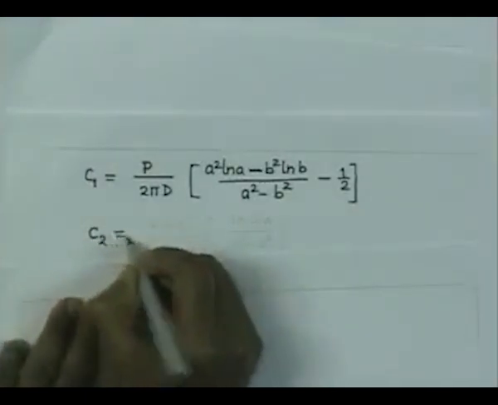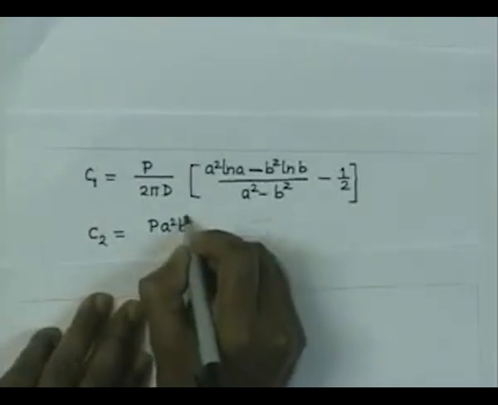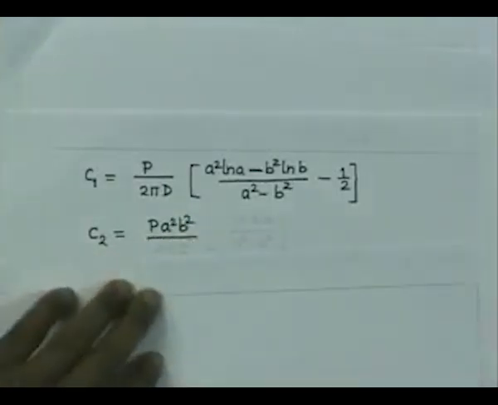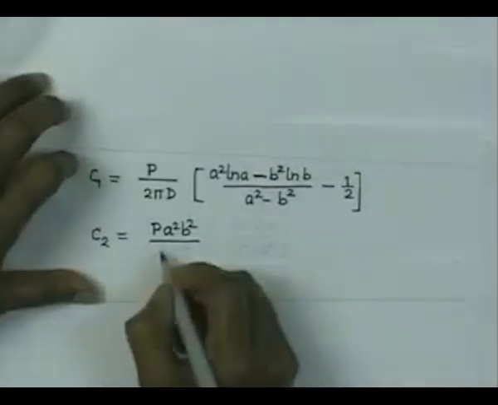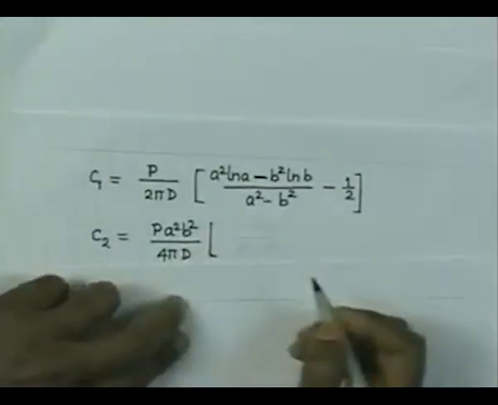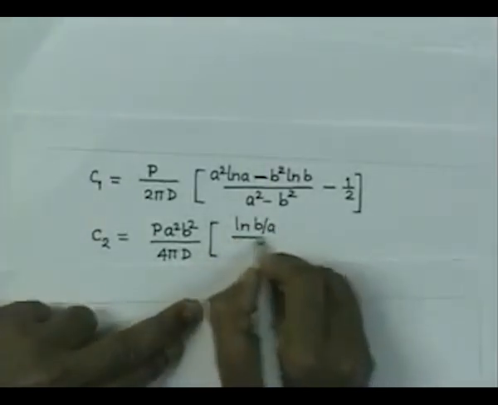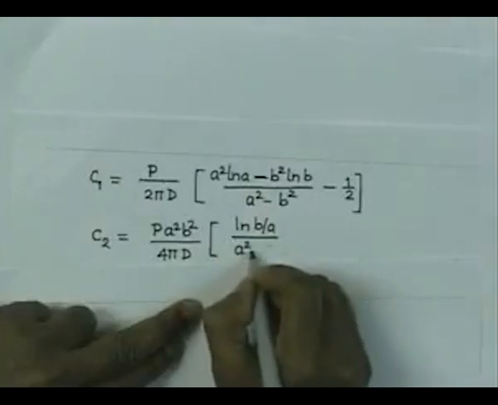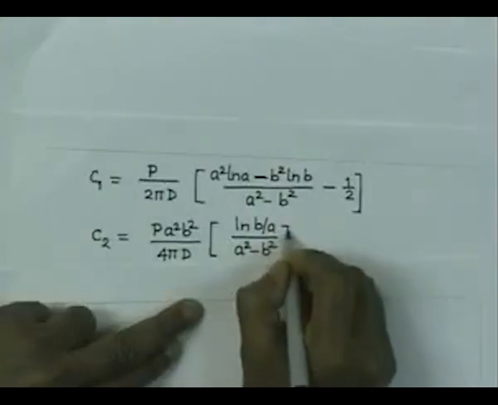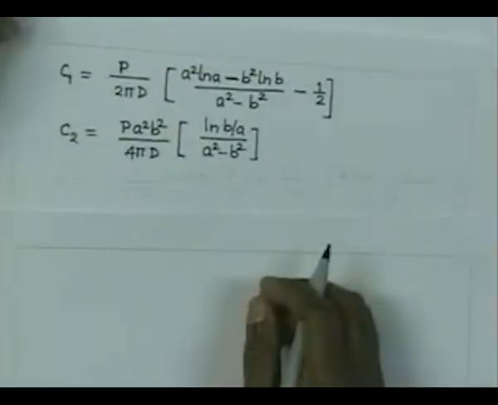Similarly C2 is given by P a square b square by 4 pi d into ln b by a divided by a square minus b square. So, we can substitute the value of C1 and C2 back into the expression for phi.